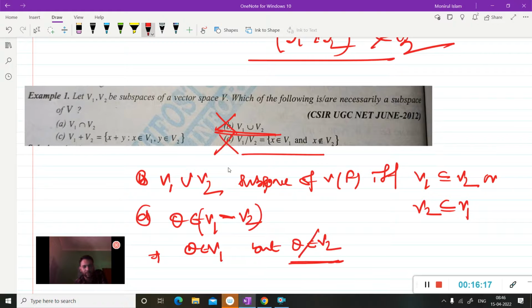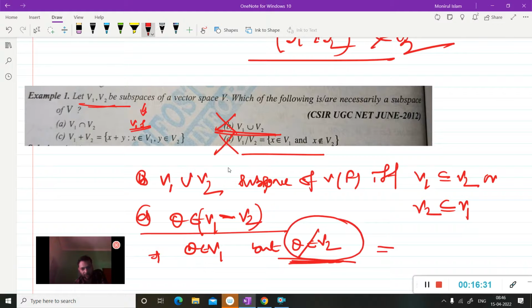But that is not possible, since V2 is a subspace and so a vector space, and in every vector space the null vector always belongs. That is a contradiction. So the null vector does not belong to this set, so it is not a subspace.